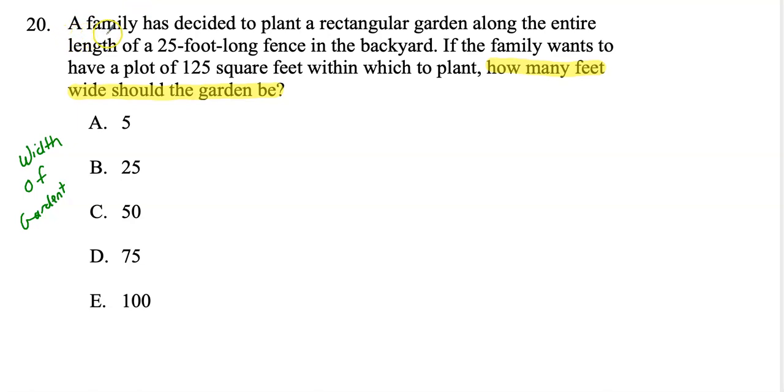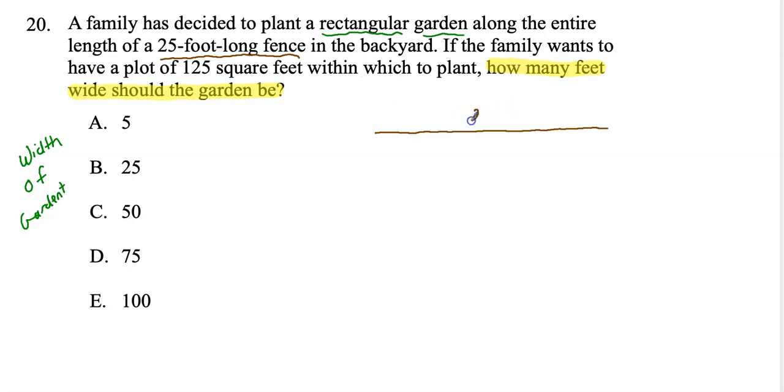Now, it says a family has decided to plant a rectangular garden, right? Rectangular garden along the entire length of a 25-foot long fence. So let's draw a 25-foot long fence.